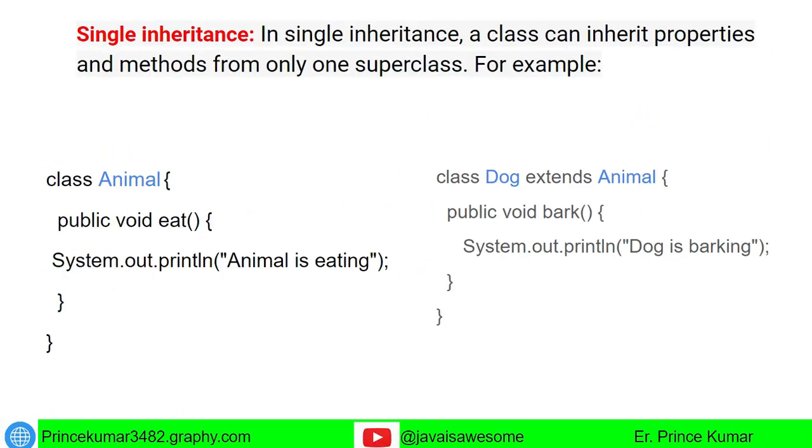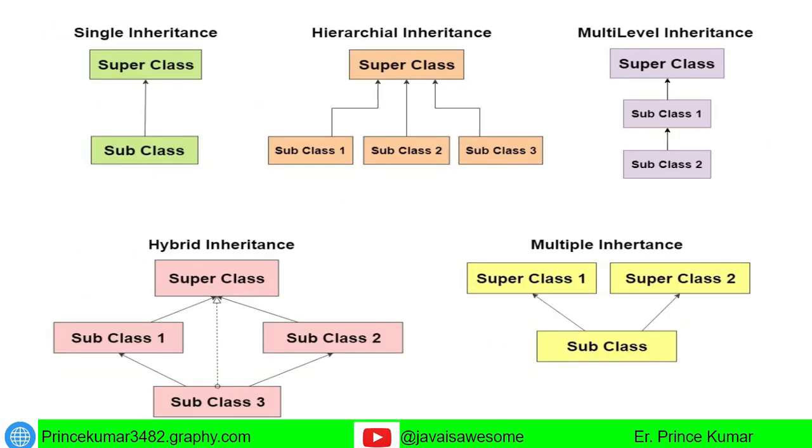Here you can see, this is the hybrid. Here it's multiple inheritance, so it means 2 are super classes and 1 is a subclass. If 2 are super classes and 1 is a subclass, it is not possible with multiple inheritance in Java, but if these super classes are interfaces and this is the subclass, then it will work fine, but with classes it will not be supported. Okay, let's go to here.